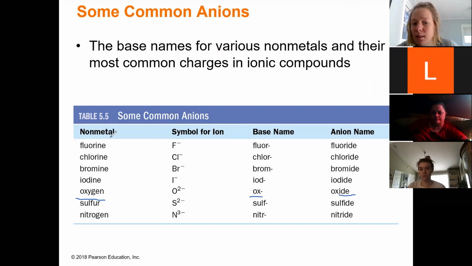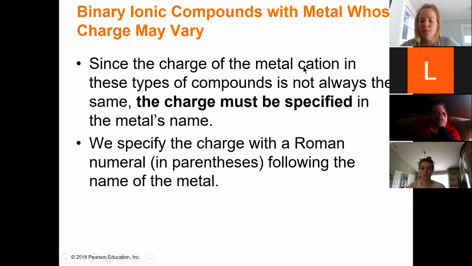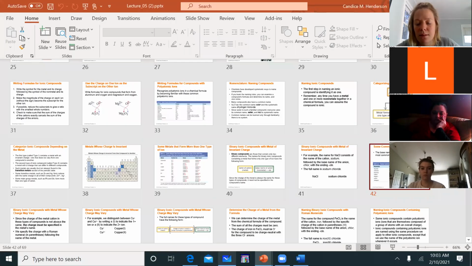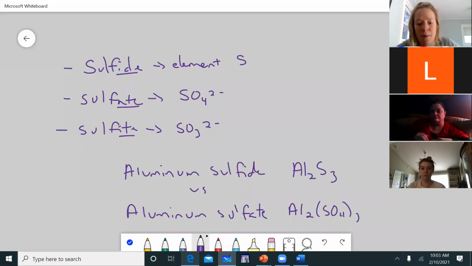Right, so it gets truncated a little bit more than the other ones. Sulfur, sulfide, nitrogen, nitride. And so these are all the anion names. So that's not too bad, right? As far as naming, you just name the metal and then you IDE the non-metal.